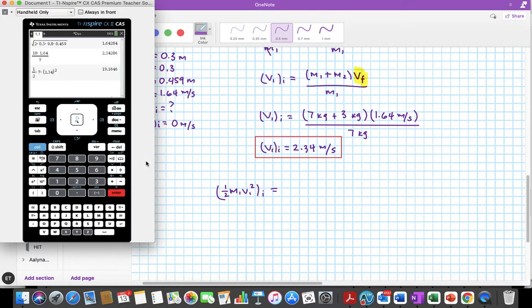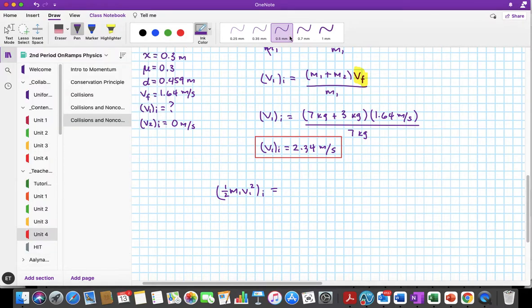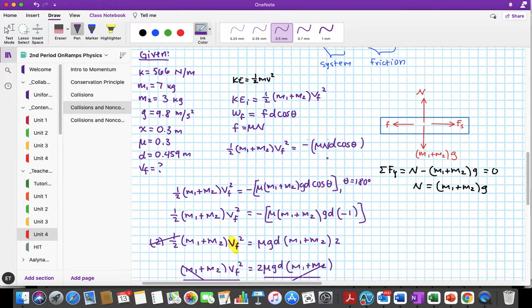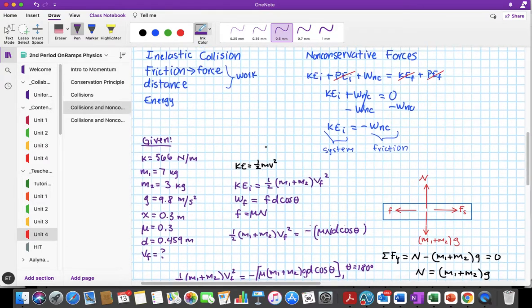So that's the kinetic energy before the collision, right? Again, if I get the same number, I'm going to be concerned. And so, oh, wait, before I do that, the kinetic energy after the collision would be 1/2 mass 1 plus mass 2 times the velocity final squared. This is the energy we use for this problem, because we wanted to find the velocity right after the collision.